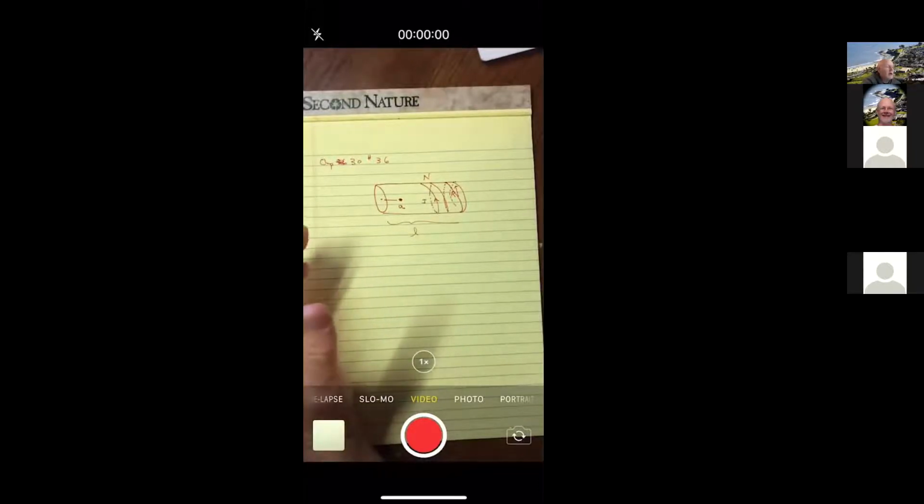So we're actually going to solve for, maybe not. Let me read that carefully then. In terms of the parameters, find the magnetic field at a point along the axis as a function of distance A from the end of the solenoid.